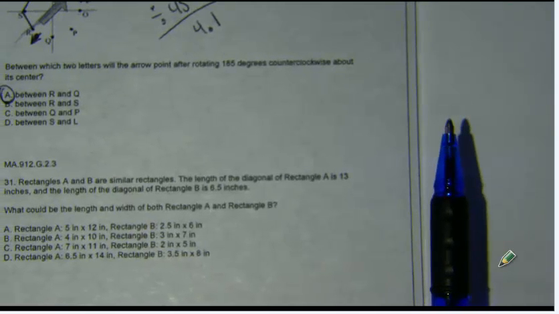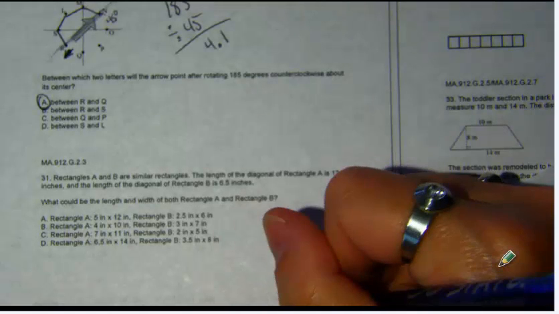Okay, we have similar rectangles, which means they're going to be in proportion, correct? Okay, so we have rectangle A, length is 13, this is number 31, and rectangle B, length is 6.5.